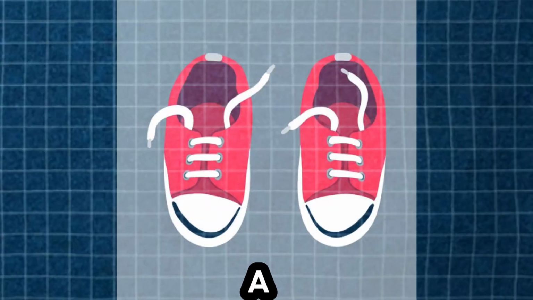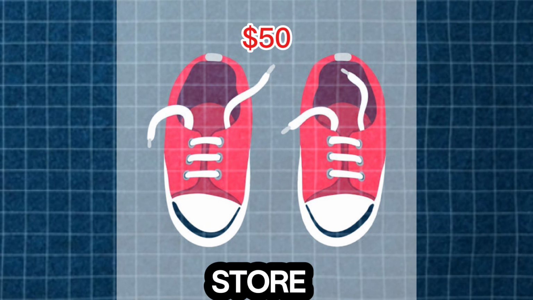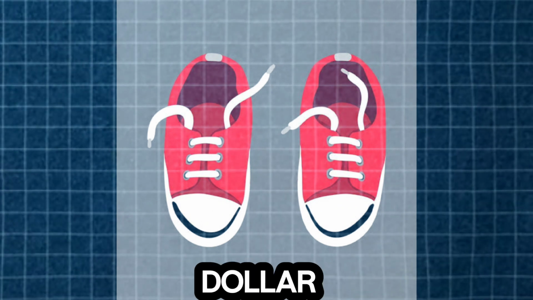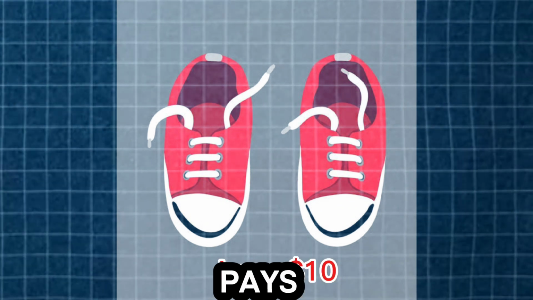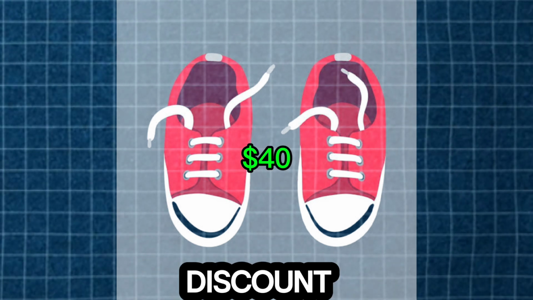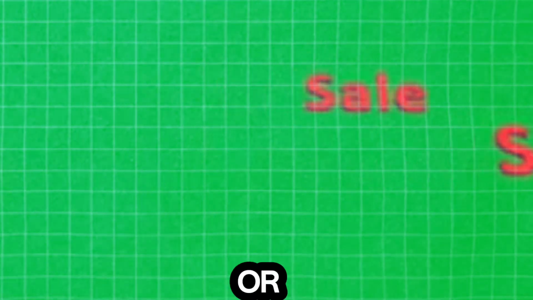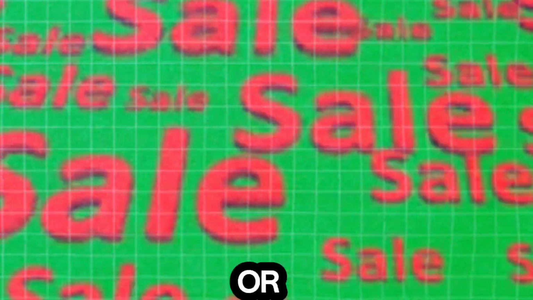For example, if a pair of shoes costs $50 and the store offers a $10 discount, the customer pays $40. This type of discount is easy to understand and often used during sales events or promotions.